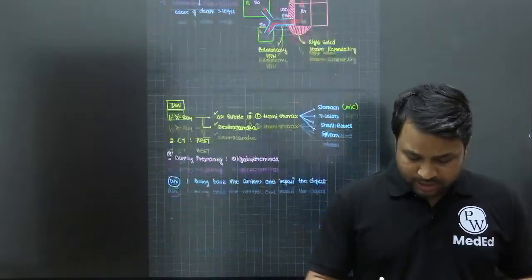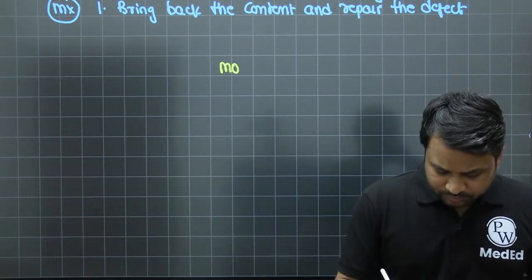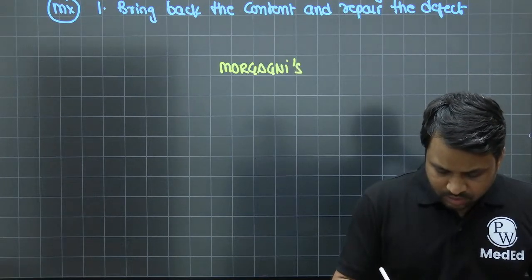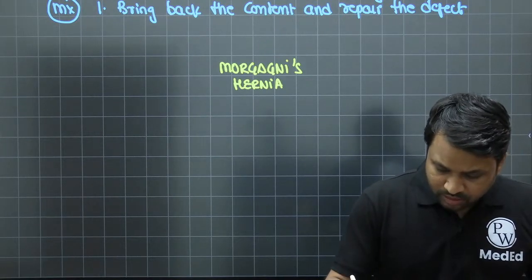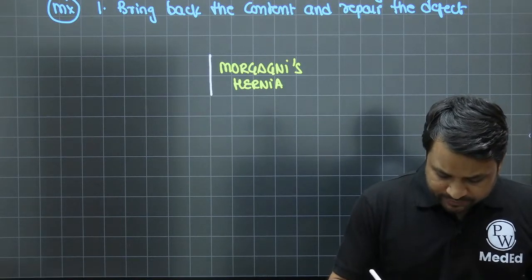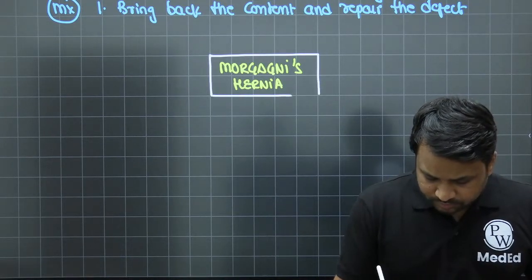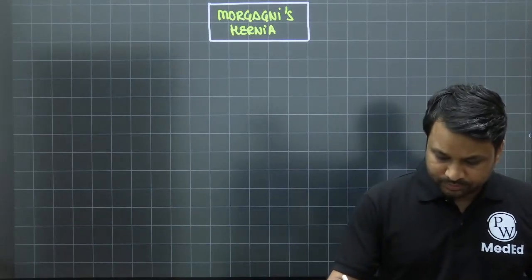To talk about the Morgagni's hernia. Morgagni's hernia is easier for us to comprehend as well. So when you talk about the Morgagni's hernia, again, the defect is what matters.